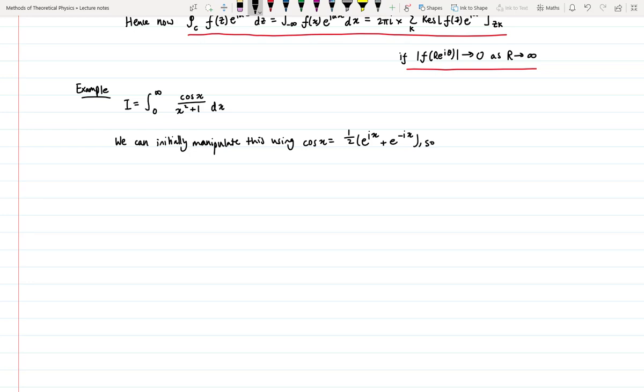And that means that our integral becomes a half, then the integral from 0 to infinity of e to the ix over x squared plus 1, and the second term, a half, the integral from 0 to infinity of e to the minus ix over x squared plus 1 dx.